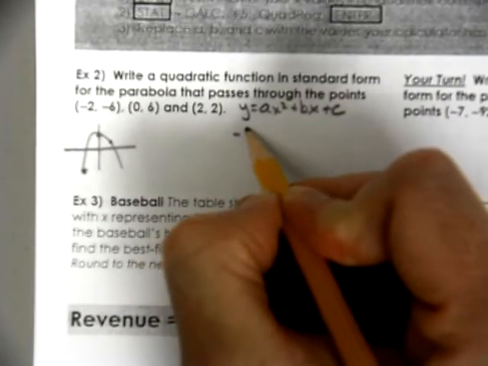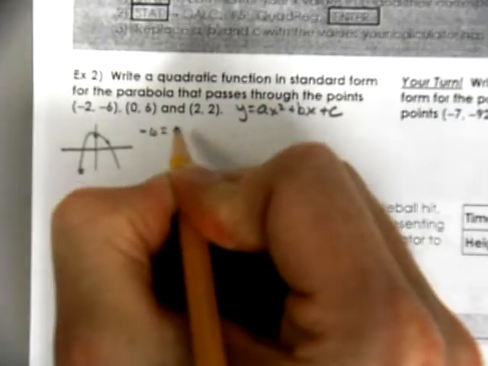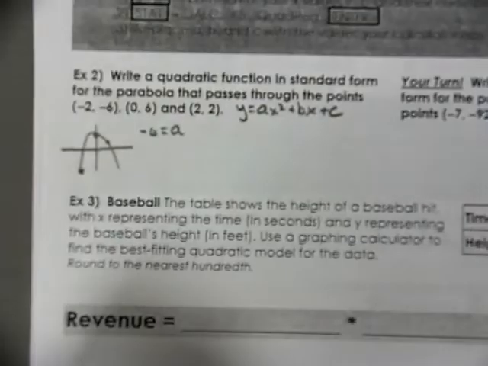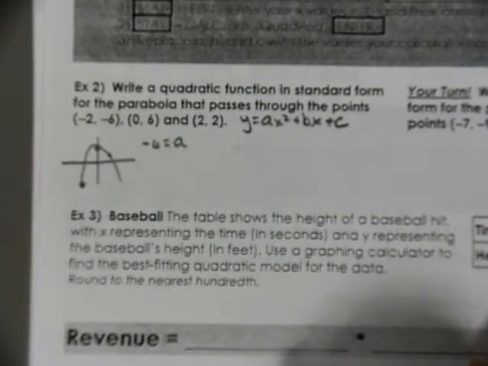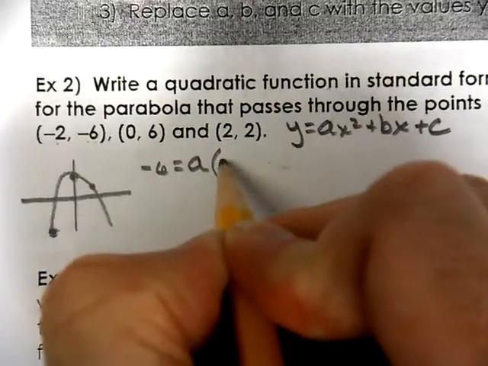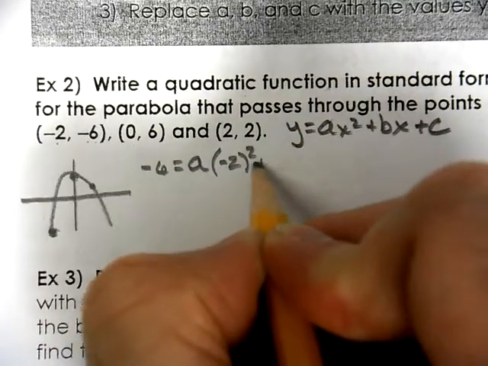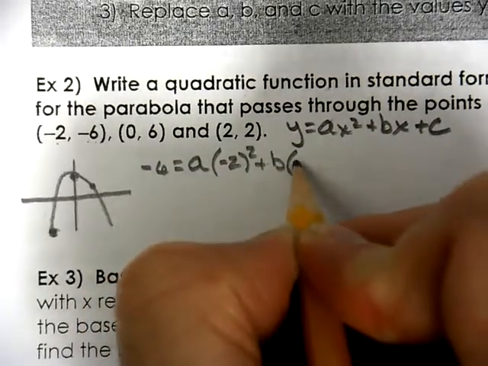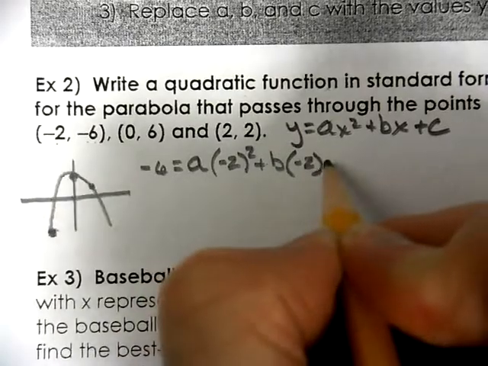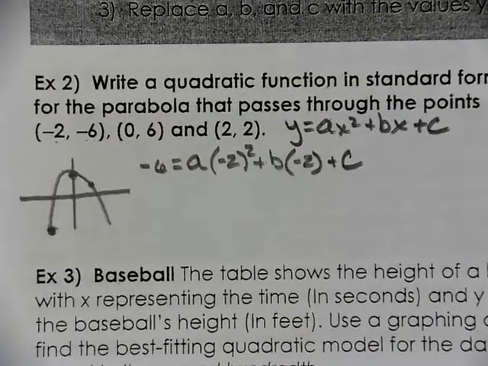So we have negative 6, I'm going to start further to the left, I'm sure I have enough room, equals a, because we don't know what the a value is, x squared plus b times our x value plus c, and we don't know what the c value is. That's for our first point.